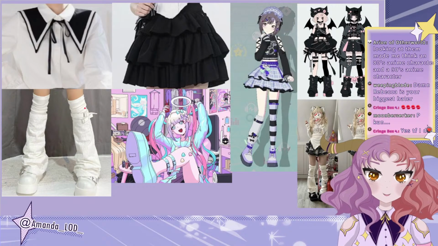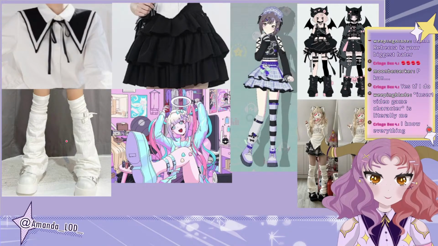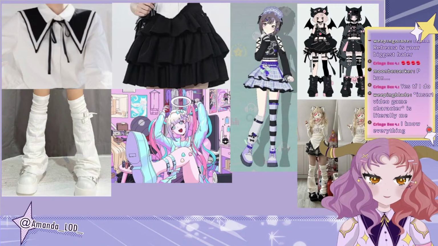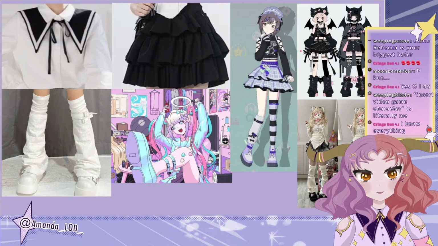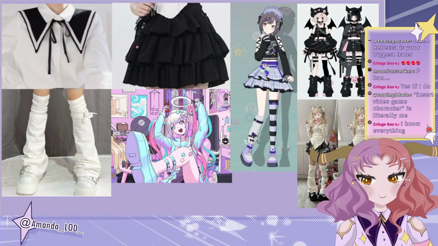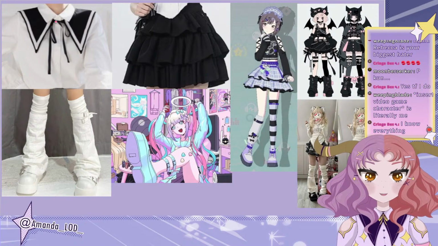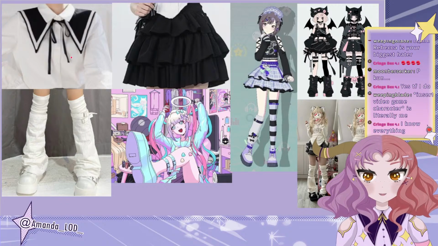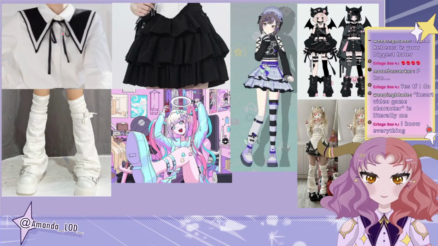But yeah, you can see the specific elements here: the striped socks, leg warmers, just the general silhouette of a smaller top and then a fluffy skirt. I really liked this collar. It's almost like a nun-inspired collar.